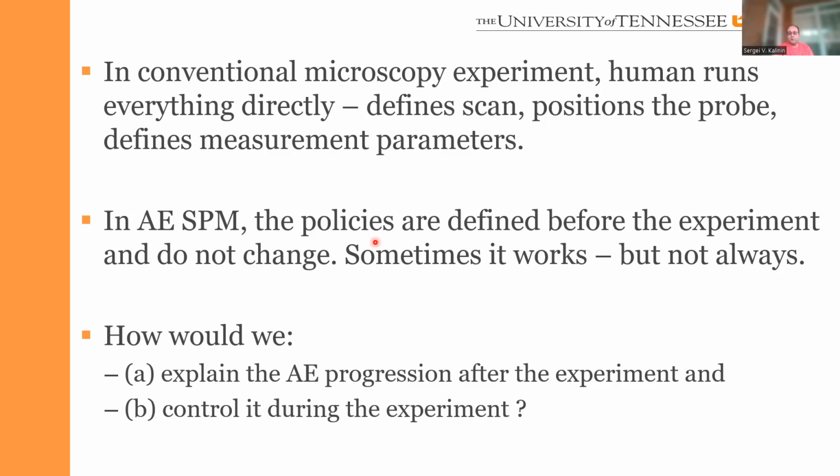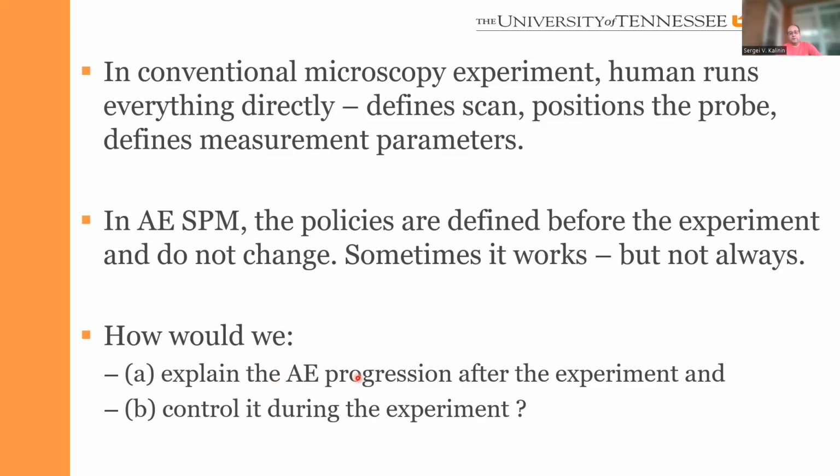And sometimes it works. Sometimes it clearly doesn't work. And there are a lot of examples where we are not sure whether it worked or not. Which basically brings us to two points. First of all, how do we explain the progression of the automated experiment after the experiment? So how do we make it explainable?